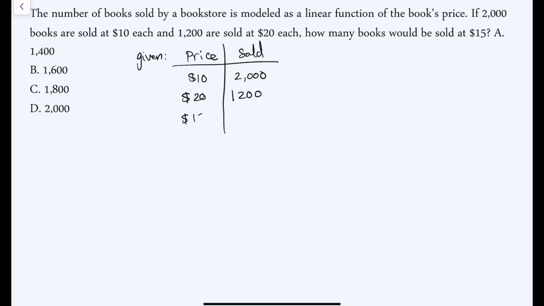So we want to know at 15, what is this value here? Okay, well, our price is X, number sold is Y. We're going to say, okay, let's model this. So if the price is here, number sold is here, $10 would be 2,000. $20 is 1,200.